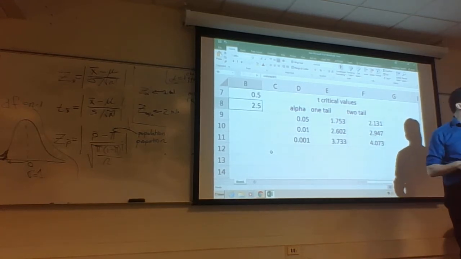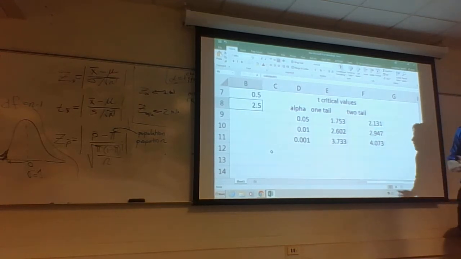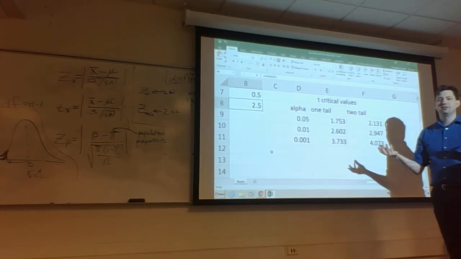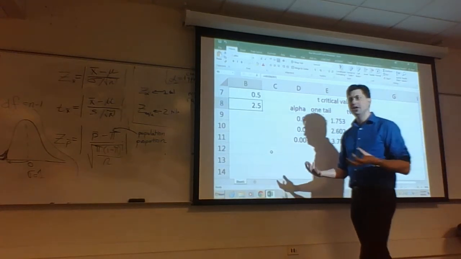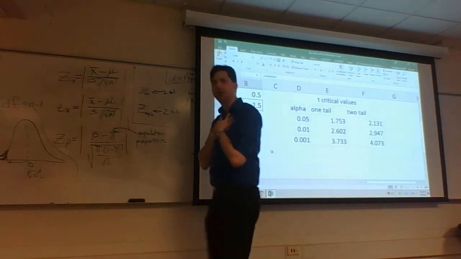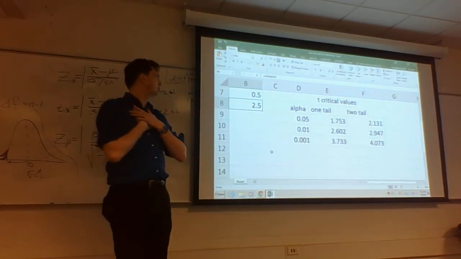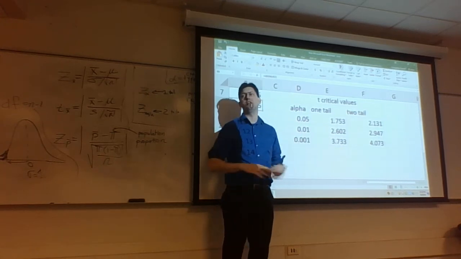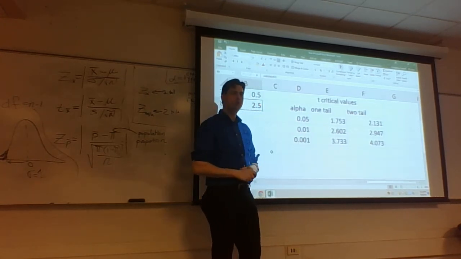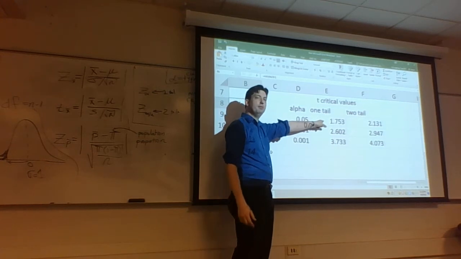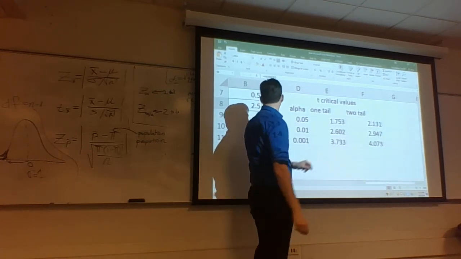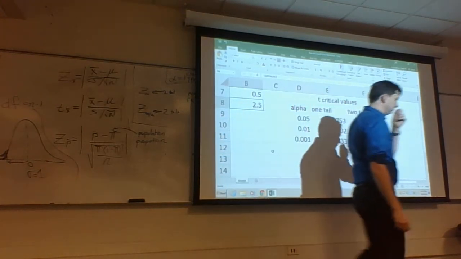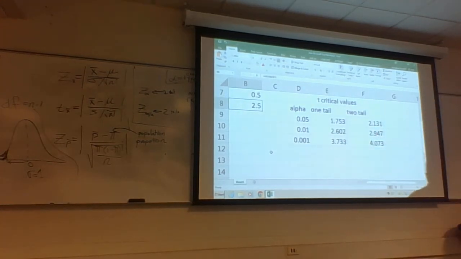So again, this emphasizes that importance, right? The only thing I changed is I said, you know what, that 2.5 didn't come from sigma, it came from our own estimation of sigma, and that resulted in us having a higher critical value, and that resulted in us saying, well, we don't really know even at 99% confidence. We still know it at 95, but we don't know it at 99.